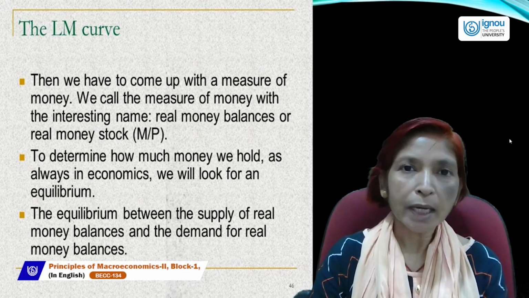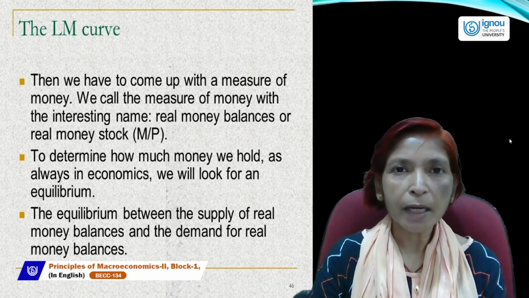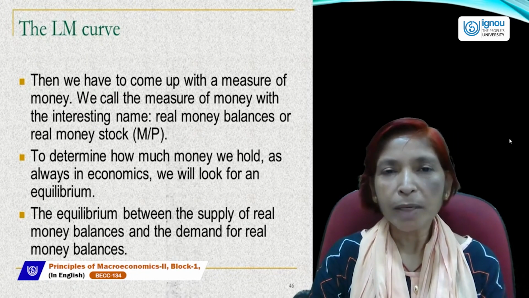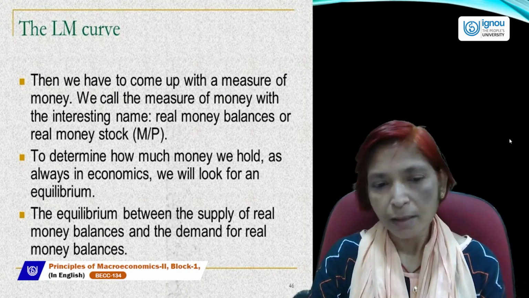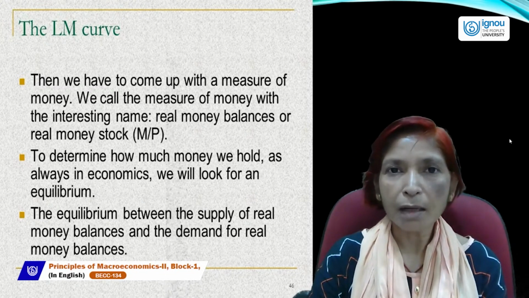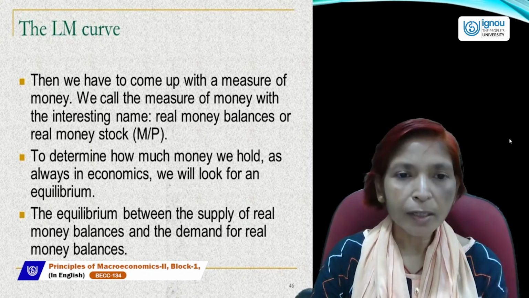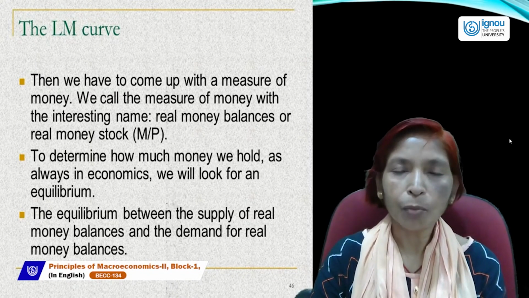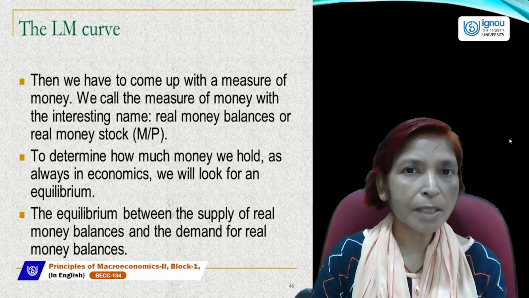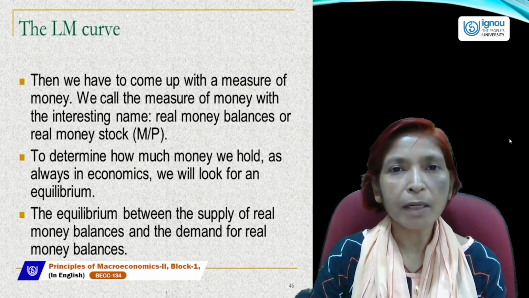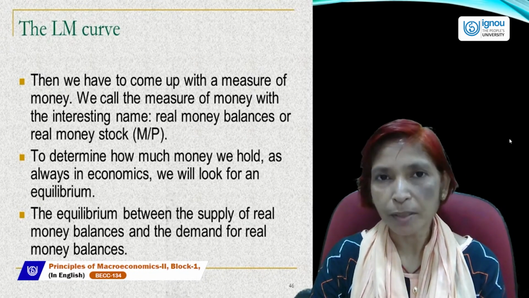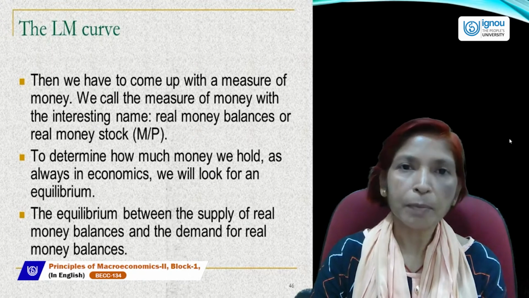So according to Keynes, money is demanded by everyone for basically three purposes. These three purposes are: one is the transaction motive, second is the precautionary motive, and third is the speculative motive. But classical economics said that money is demanded only for transaction purposes, not for other purposes.